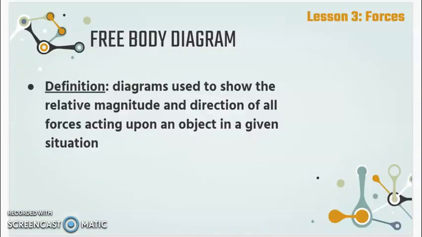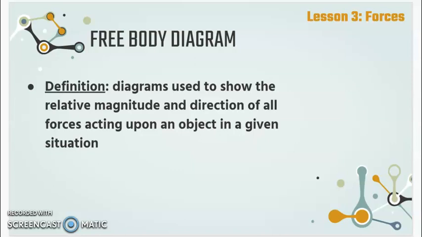You noticed in all the diagrams in the previous slides that we were drawing arrows to show how much force there is on an object. These are called free body diagrams. The definition of a free body diagram is a diagram used to show the relative magnitude and direction of all the forces acting on an object in a given situation.